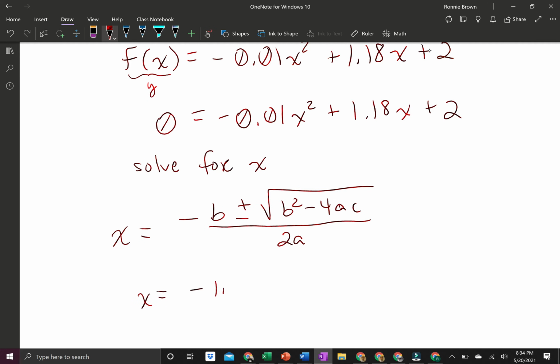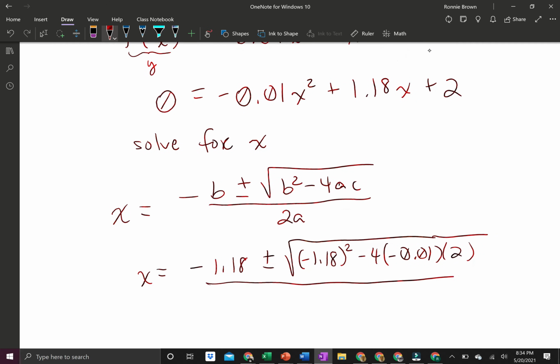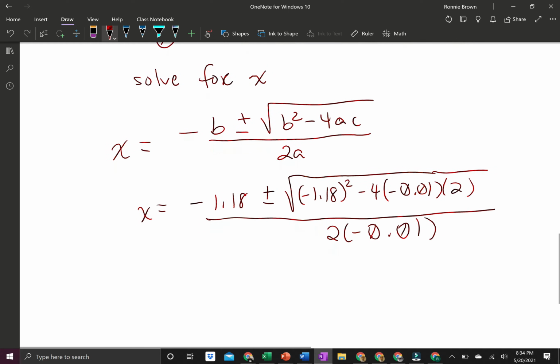So negative 1.18 plus or minus the square root of 1.18 squared minus 4 times our A, which was negative 0.01, times our C, which was 2, and then that's all over 2 times A. A again is negative 0.01. Remember, we identified our A, B, and C earlier. They haven't changed. And now it's a matter of going ahead and crunching the numbers.